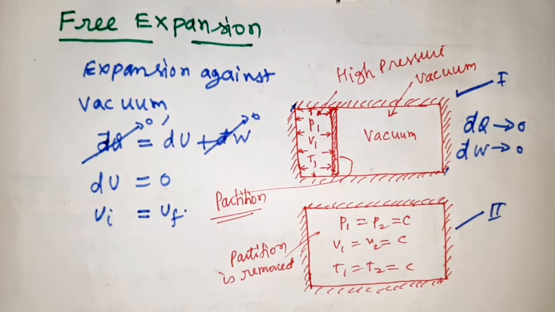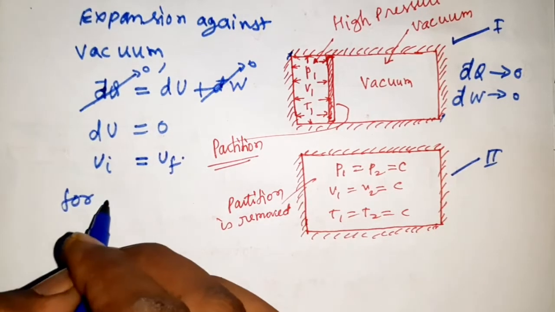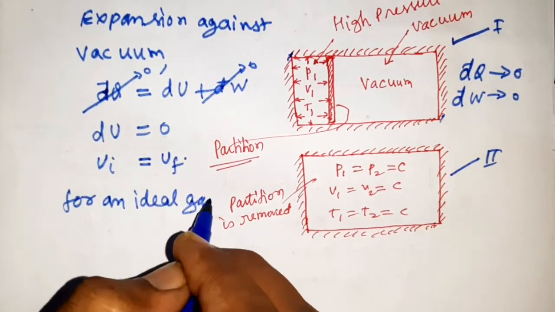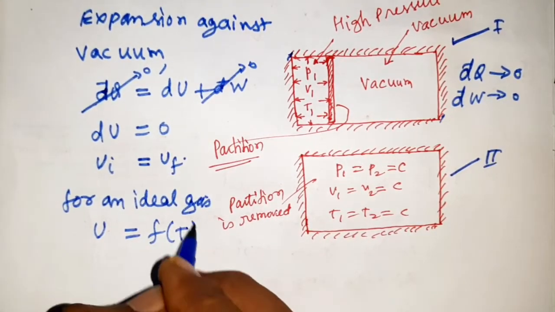Okay, so for an ideal gas, we can say U is a function of temperature only.